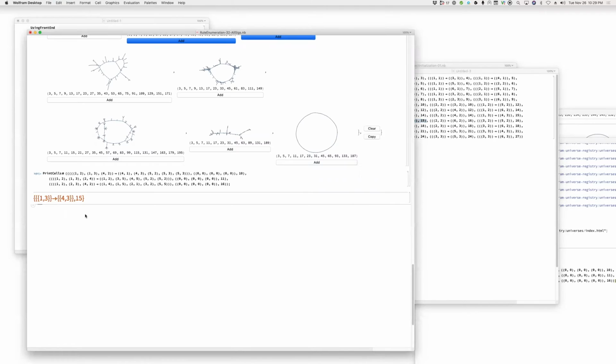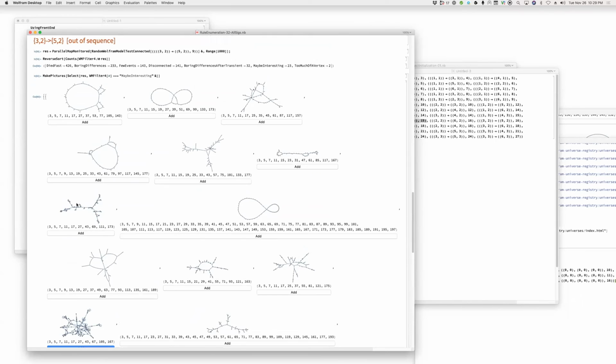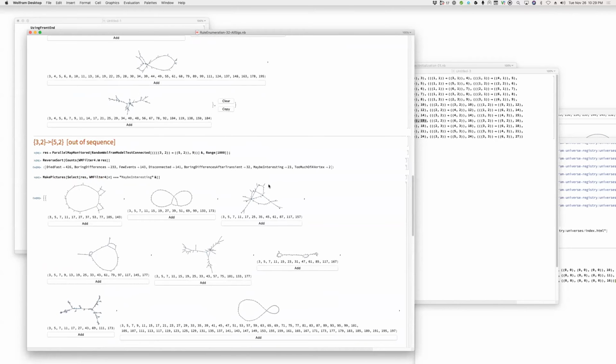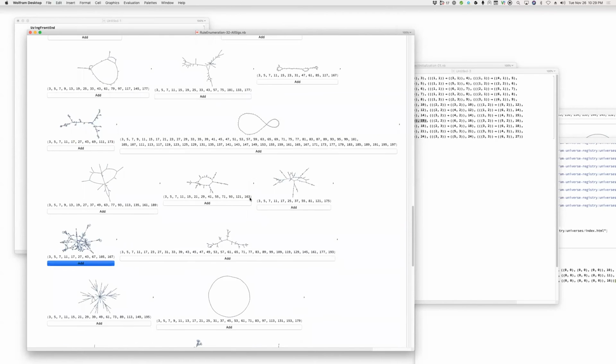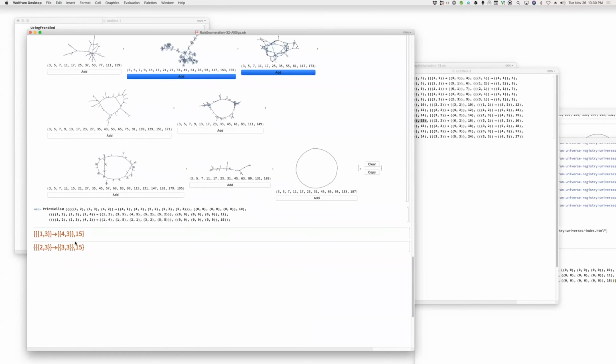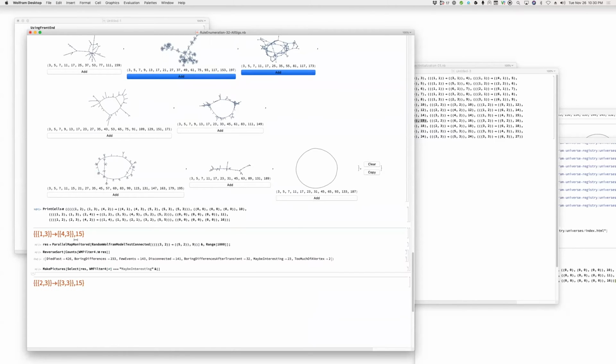How much difference do you think it's going to make that we don't have interesting initial conditions here? By the way, if you can work out what the 15 should be, that would be helpful. This will be fertile. 1, 3 to 4, 3 will be very fertile.